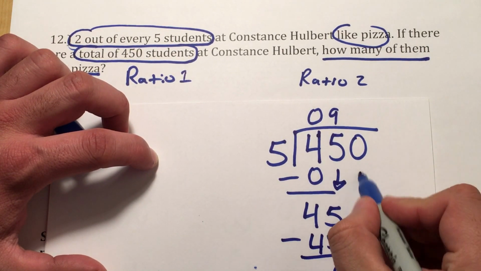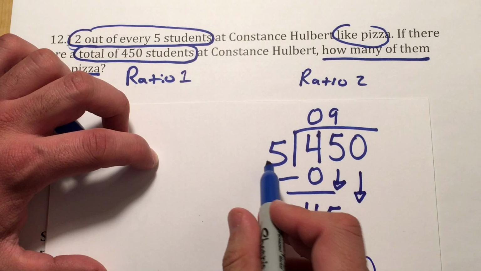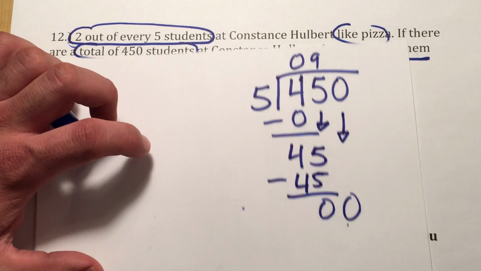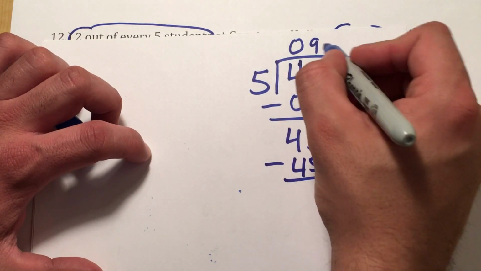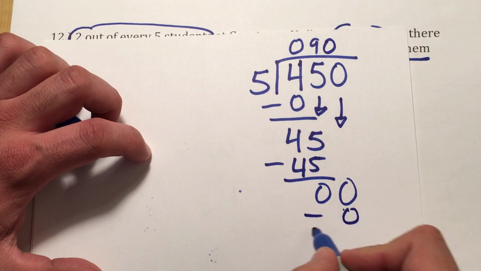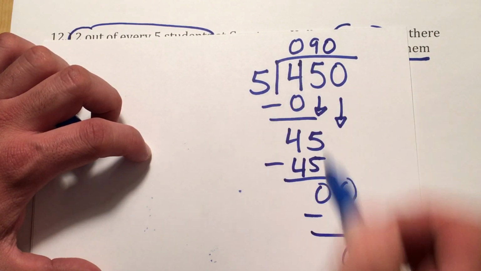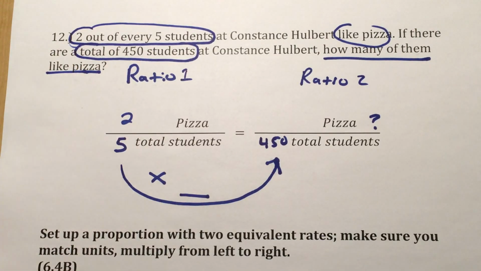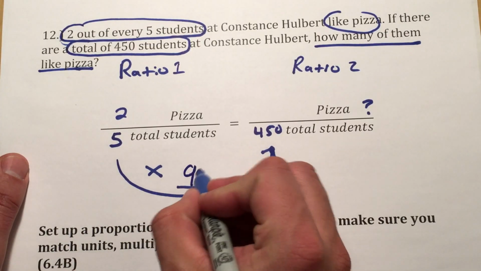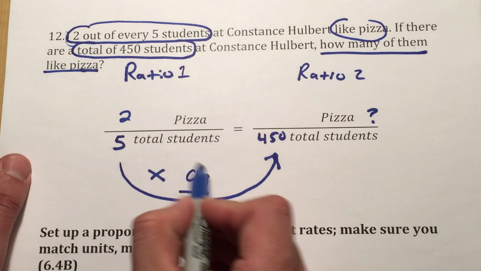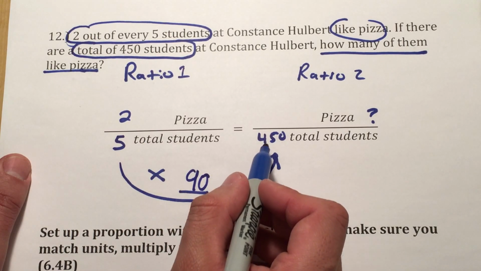We're left with 0. And let's bring down the last 0. How many groups of 5 can we subtract from 0? I'm sorry, guys, that would be 0 here. And so let's subtract 0. So 5 times 90 gives us 450. So we could put here the number 90. We could say that 5 times 90 will give us 450.